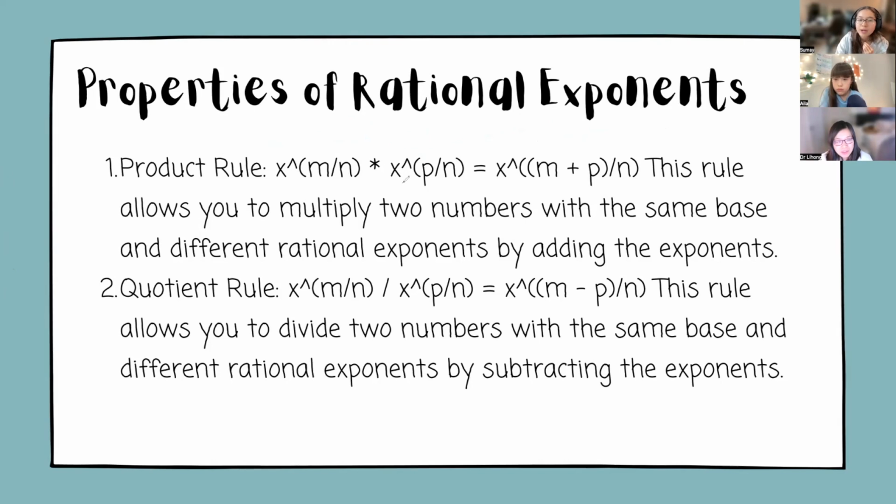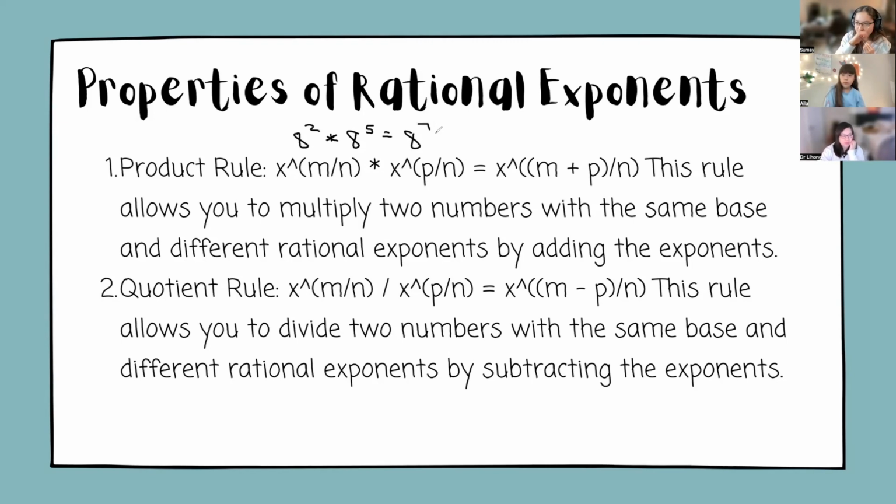If the denominator is 1 for both of these, then that would just be m plus p. So that's all you need to remember, because whether the power is a whole number or a fraction, the rule is the same. That's a good point. Thanks for bringing that up.